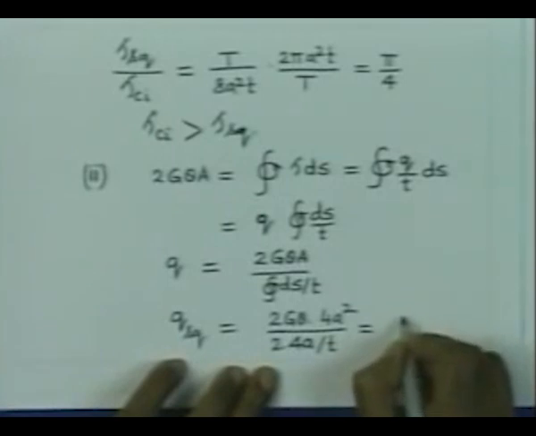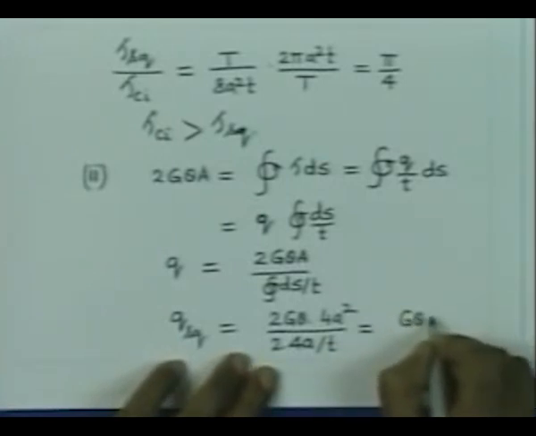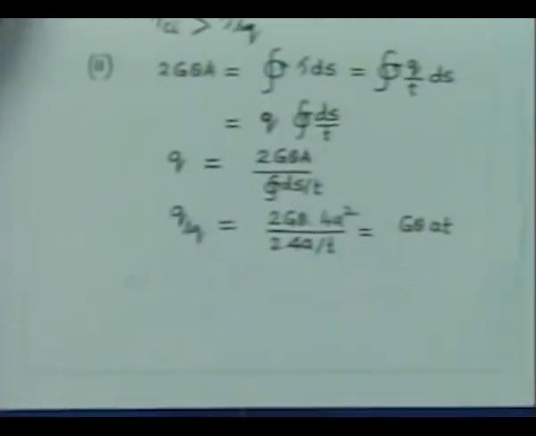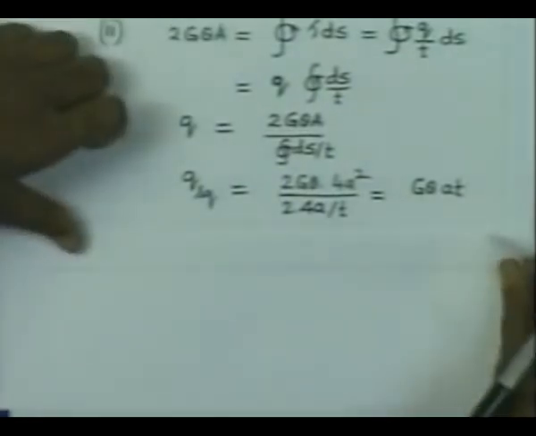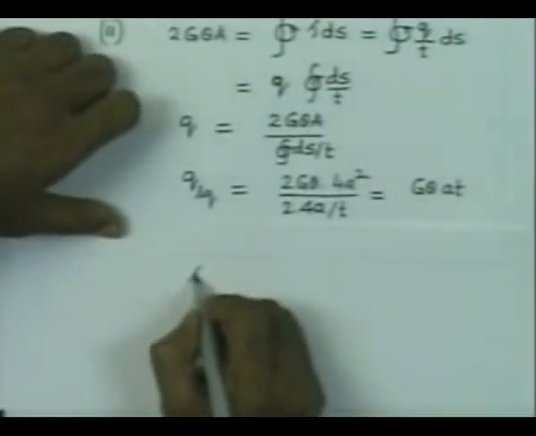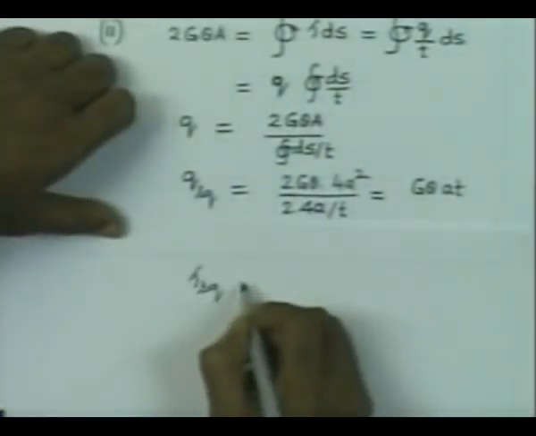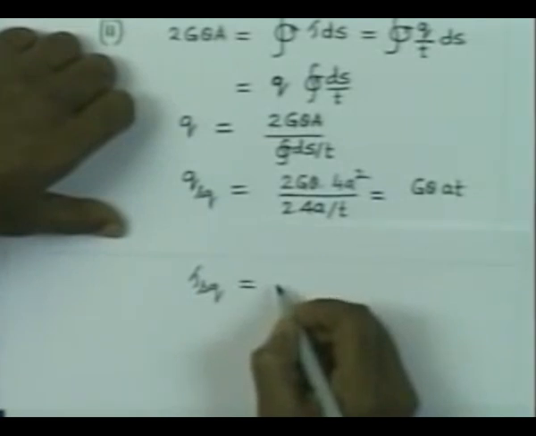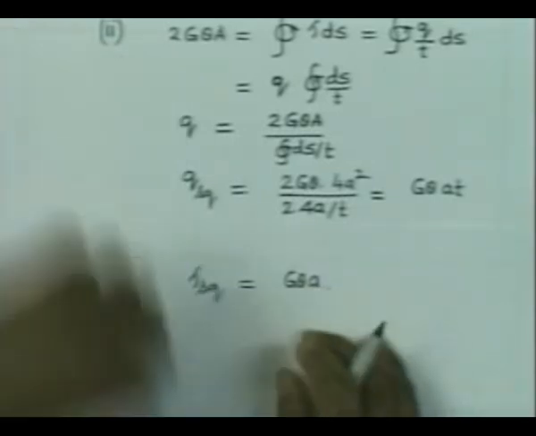So, we will have G theta a t. And hence, shear stress in the case of the square is equal to G theta into a.